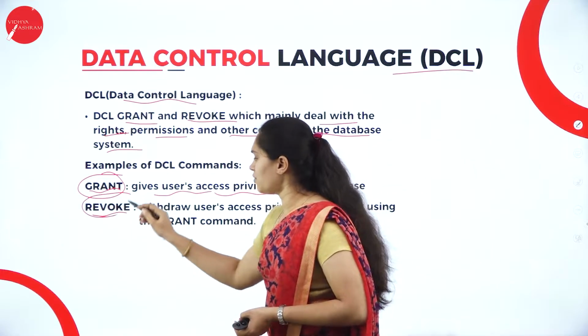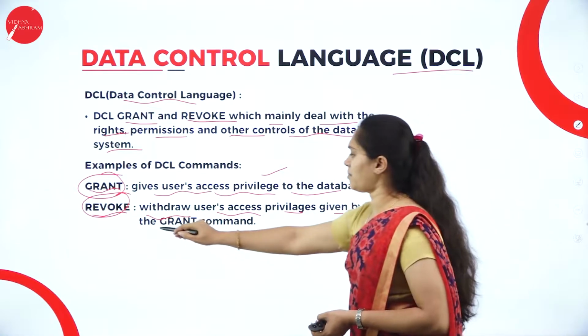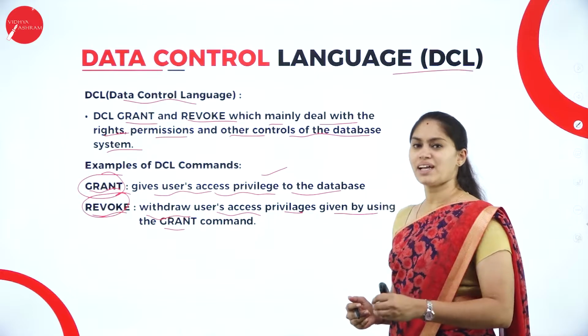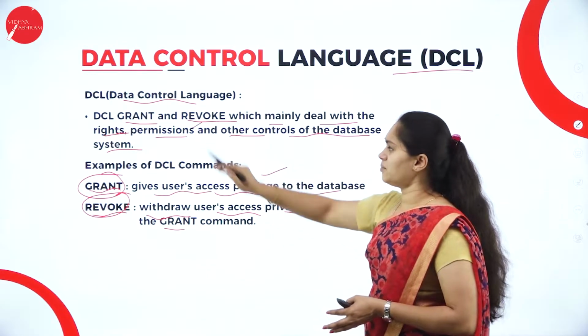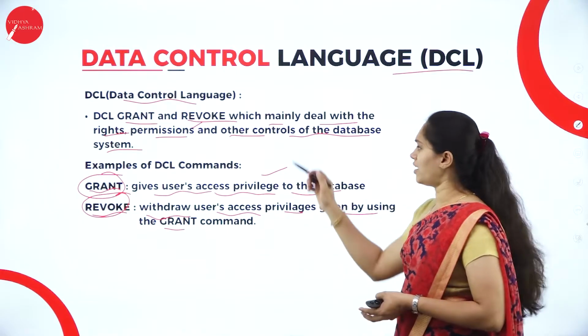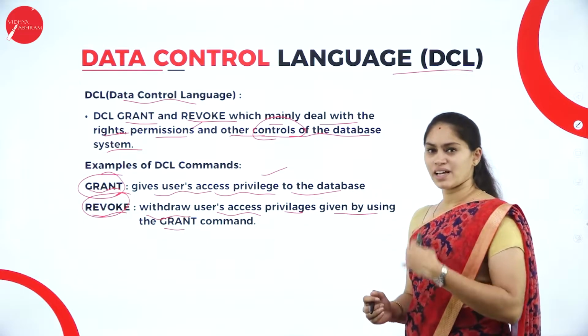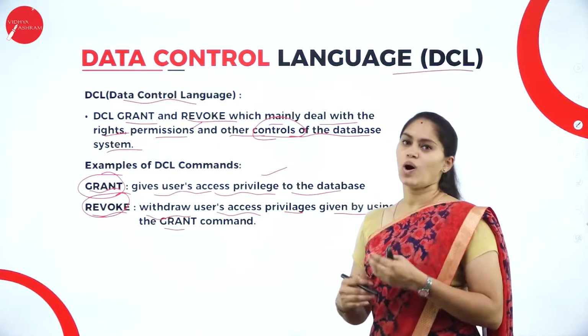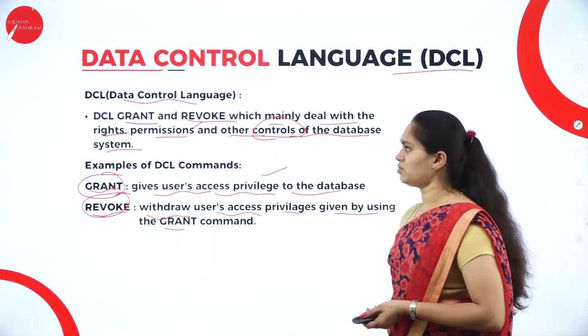That is revoke. It withdraws the user's access privileges which were given by using the grant command. With the grant command, they give some rights or permissions and other controls or constraints can be given to the user. But when they use revoke, they are just taking all the granted permissions back from the user. That you have to remember.